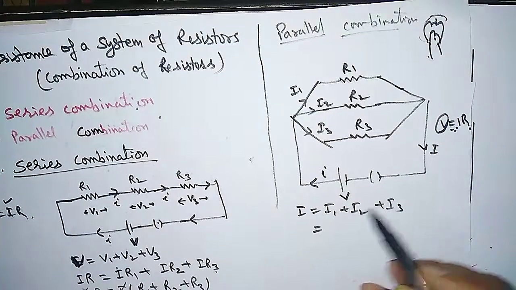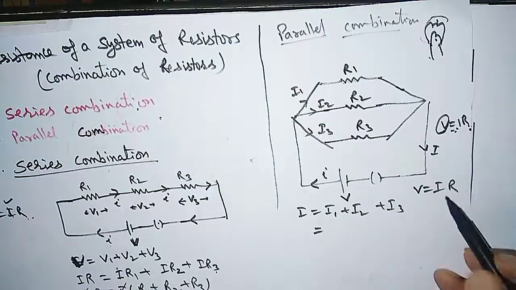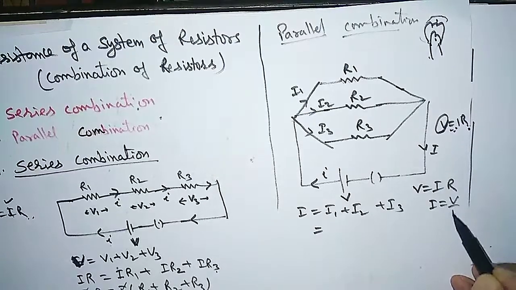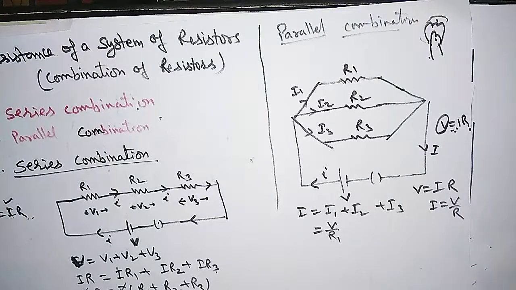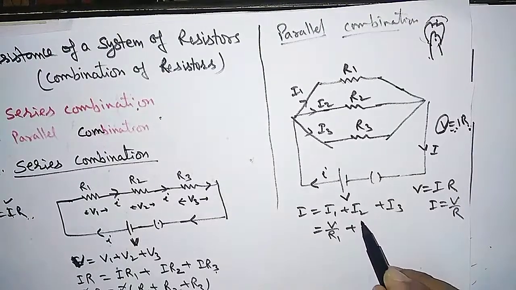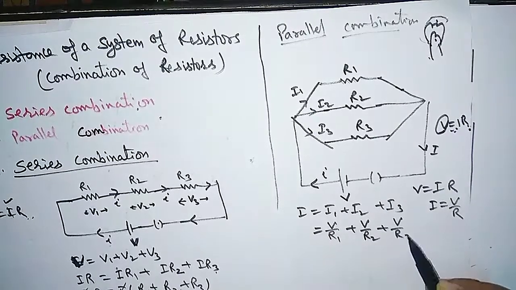So from the definition, V is equal to IR, I means V upon R. I is equal to V upon R. So V is constant, so we can write I1 as V upon R1, and for I2, V upon R2, and I3, V upon R3.